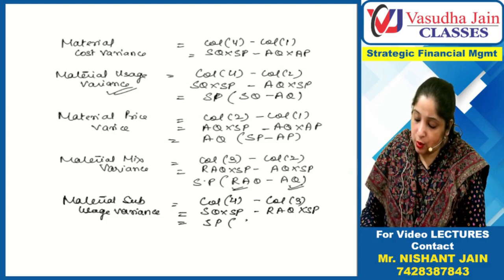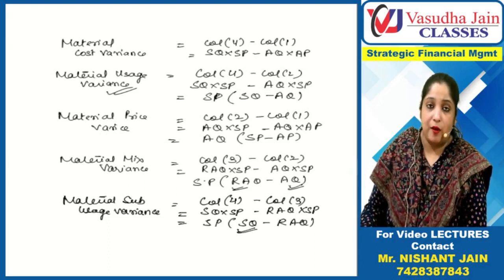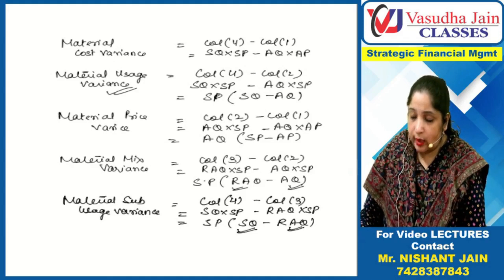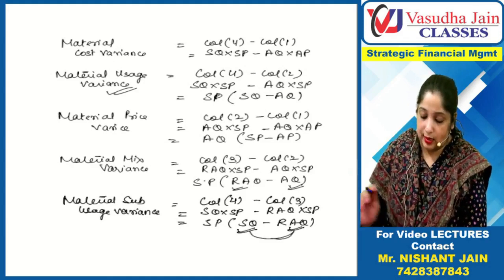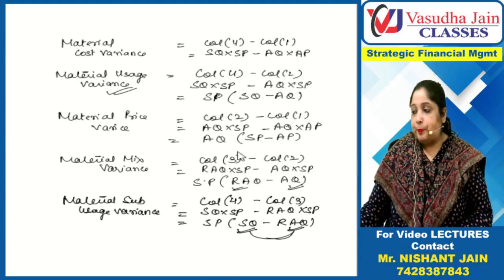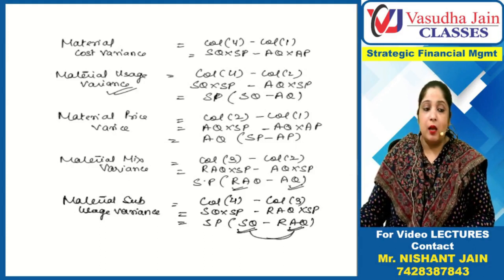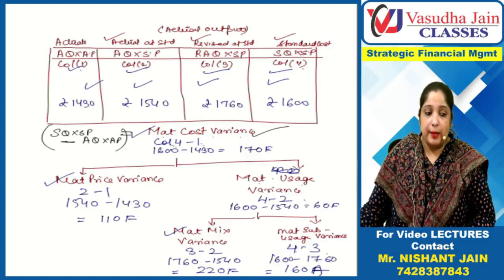SP is common, so SQ minus RAQ. Basically, it implies what standard quantity should have been used and what actual quantity in standard proportion. That is the difference of only quantity, total quantity is considered. Is it clear? So this is the concept, just a concept.